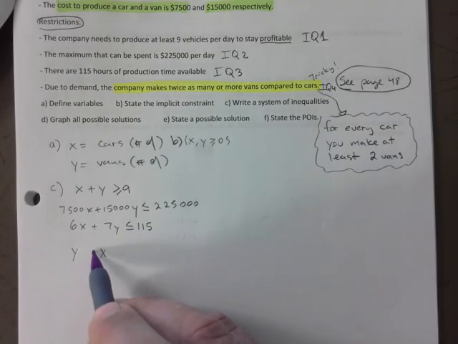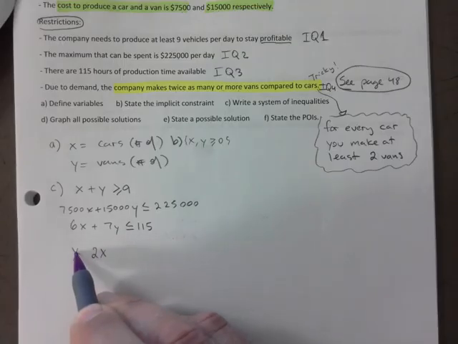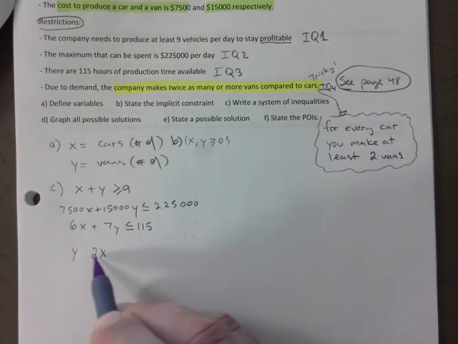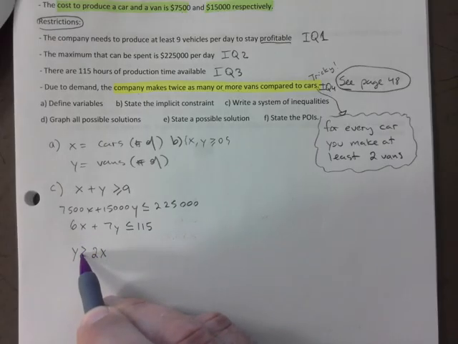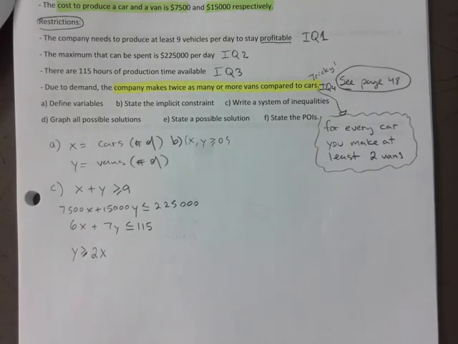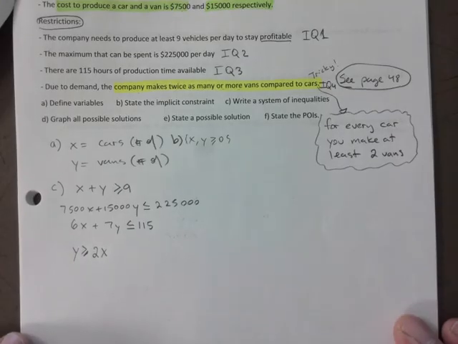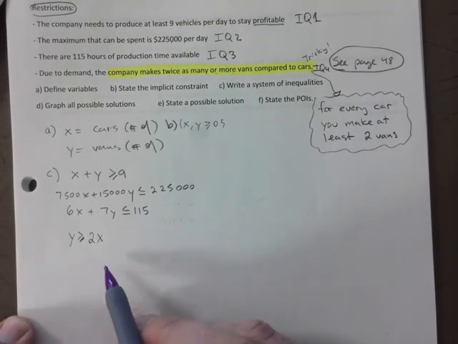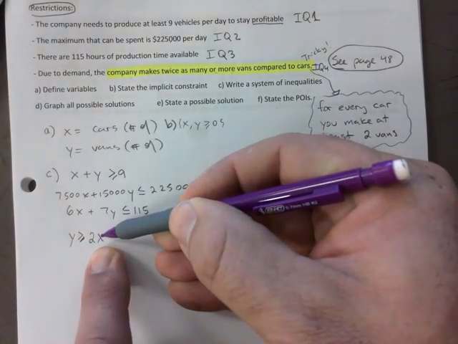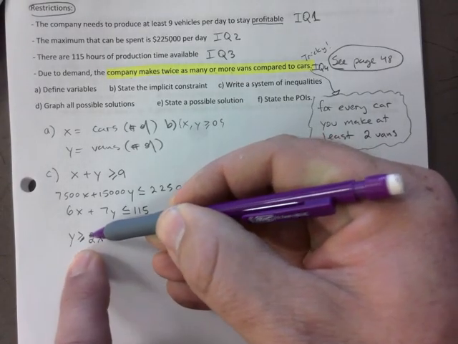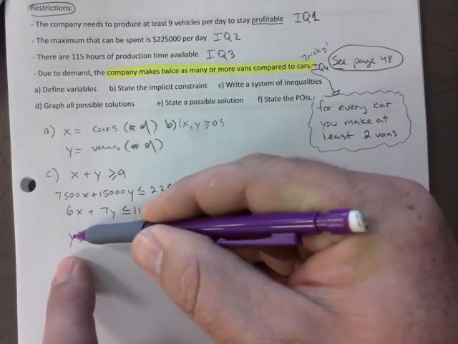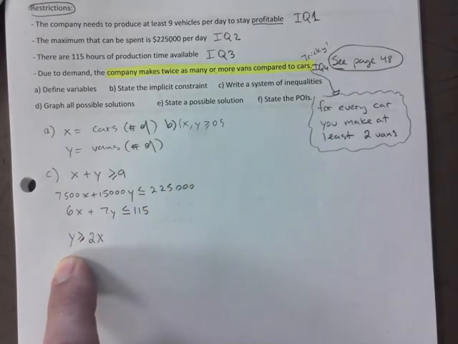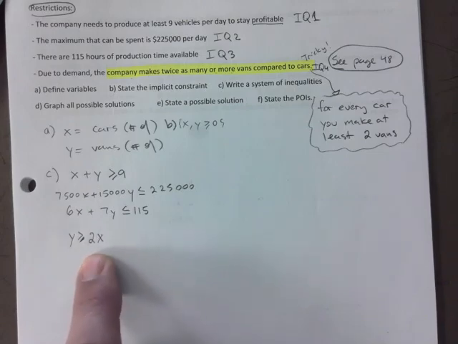So that's where you put the 2 in front. And you want the number of vans to be at least this much or more. So you have it pointing that way. So for every car, think of it this way, for every car, you make 2 times that amount for the Y. Okay? So I hope that helps you out.